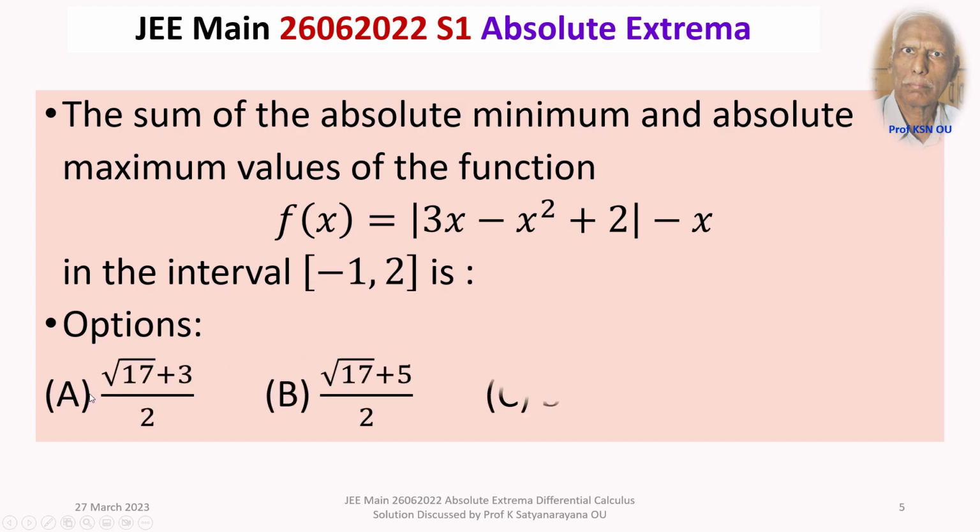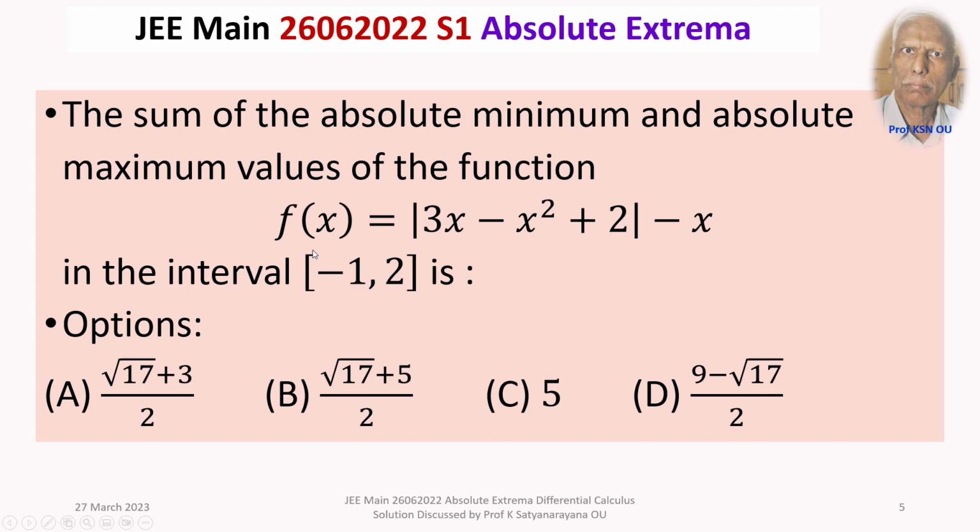Option A, under the square root of 17 plus 3 whole by 2. Option B, root of 17 plus 5 whole by 2. Option C, 5. Option D, 9 minus under the square root of 17 whole by 2.